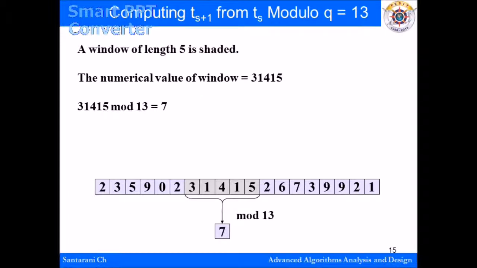For example, consider a window of length 5, that is 31415, and the numerical value of the window is 31415. Now consider the modulus q as 13. So 31415 mod 13 equals 7. Hence it reduces to 7. Thus we can use this to compute t_(s+1) from t_s effectively.